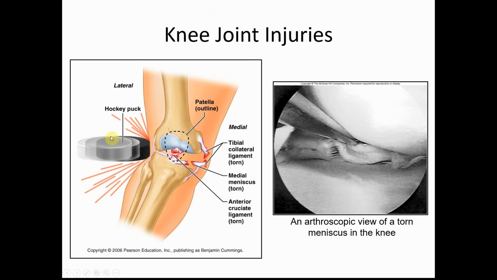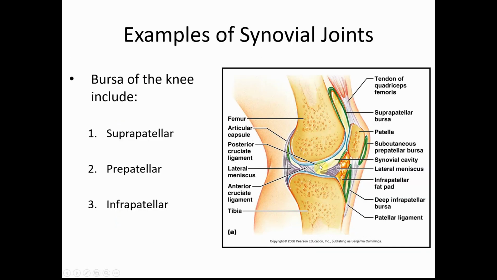Here you can see, I don't know why they have a hockey puck here, but you can see the anterior cruciate ligament being torn right here, as well as the tibial collateral ligament. You can see a little bit of the tear here. This is an arthroscopic view. Here's our posterior cruciate ligament. Here's our anterior cruciate ligament.